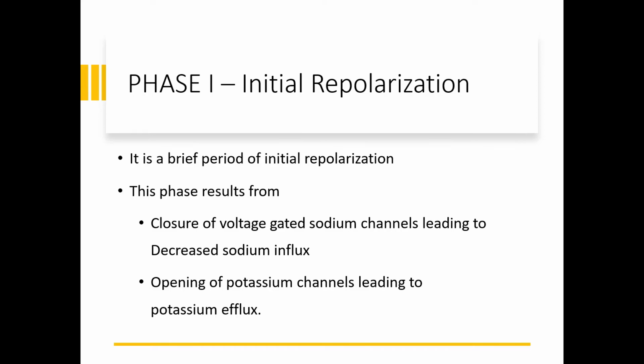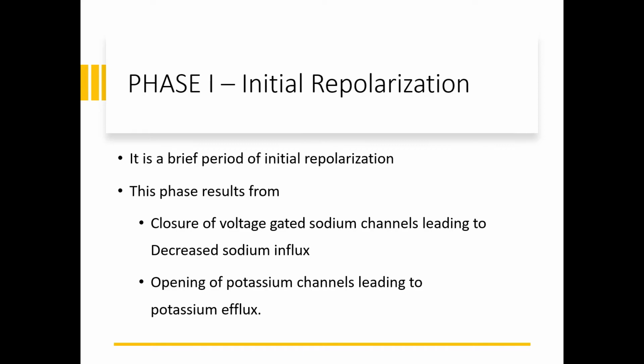And then there is opening of potassium channels leading to potassium efflux. What will happen at the same time when the sodium channels are closed, there is a sudden opening of potassium channels, and there is a high concentration of potassium inside the cell.